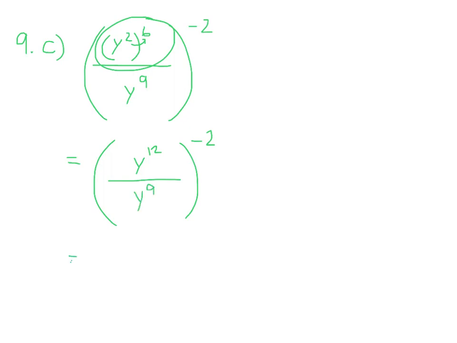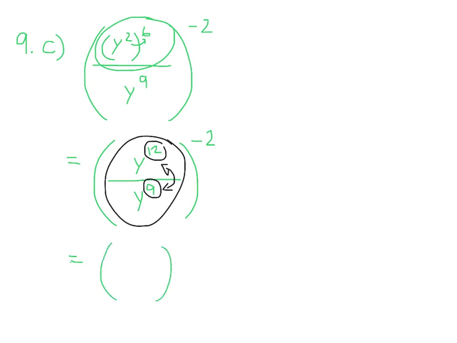Continuing this, now I'm going to also focus on what's inside again, because what's inside again is a division rule. You have y to the 12 divided by y to the 9. Leave this to the -2. The rule is keep the base the same, and you're going to subtract the exponents. 12 minus 9 is 3.